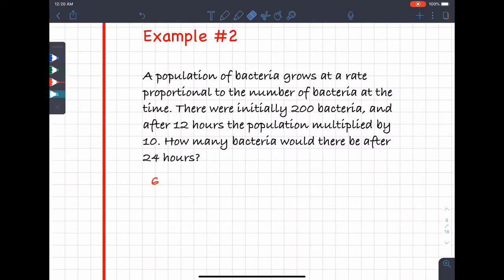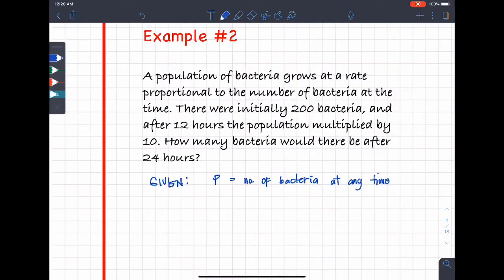So for our given, we have to identify that initially, since we're talking about population, P would be the number of bacteria at any time.